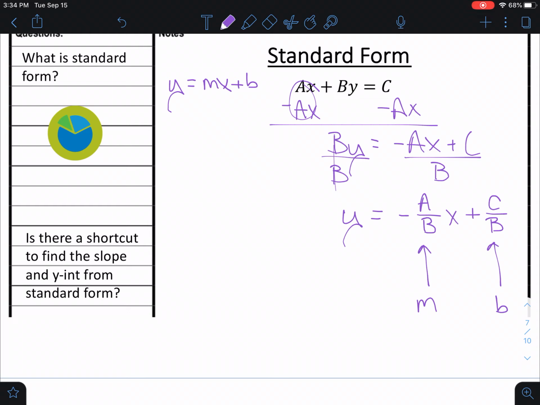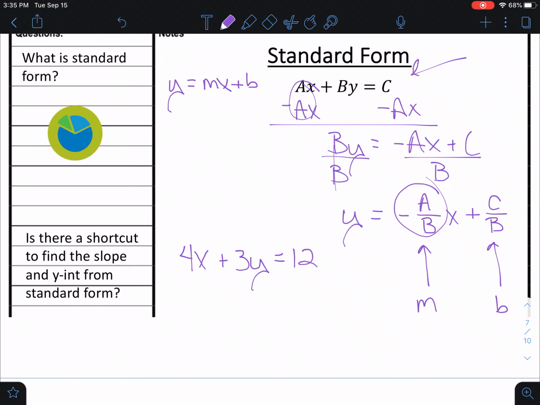Okay? So if you're trying to find a quicker way of looking for your slope, if you're given standard form, you can actually just do this. Okay? Negative a over b. So if I had 4x plus 3y equals 12, then what would my slope be?